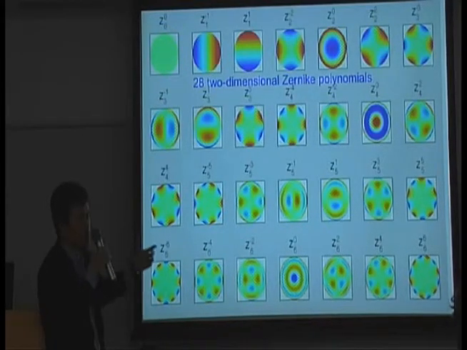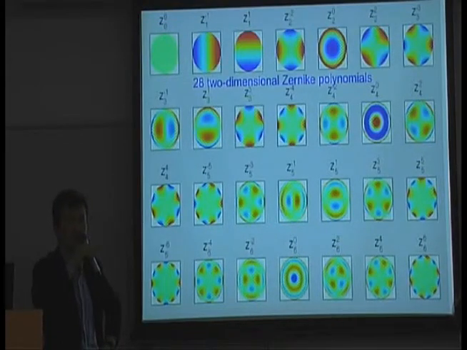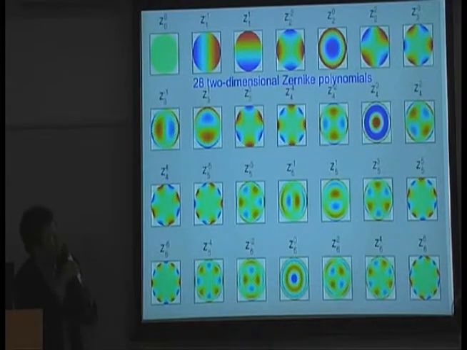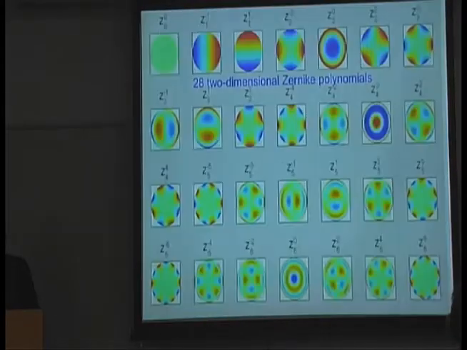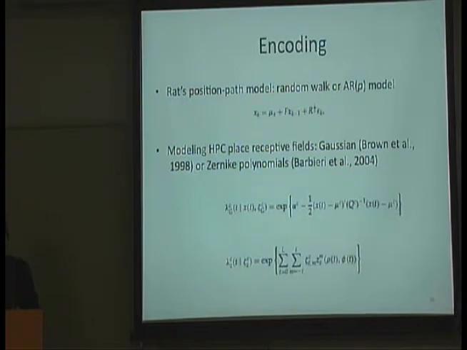Essentially, when you have a sufficient number of orthogonal bases, then in principle you can represent anything you want. I'll just show you an example here.